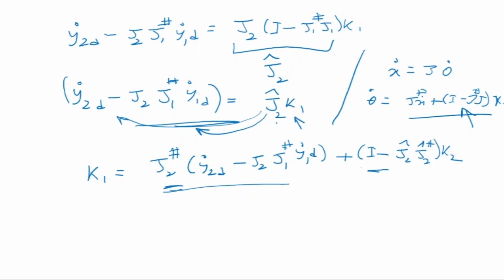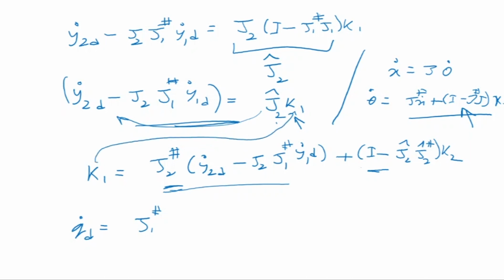Okay, so my q dot d is equal to J1#. So I'm going to take the value of k1 and put it inside here. Okay, so I'm taking the value of k1 and putting it inside here.